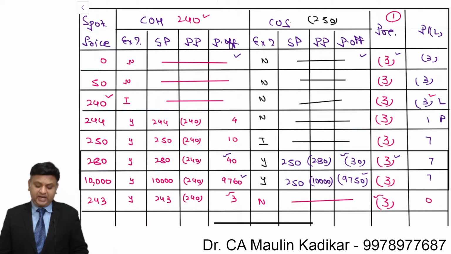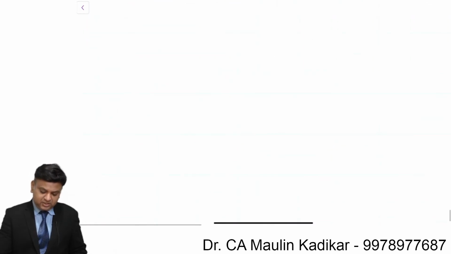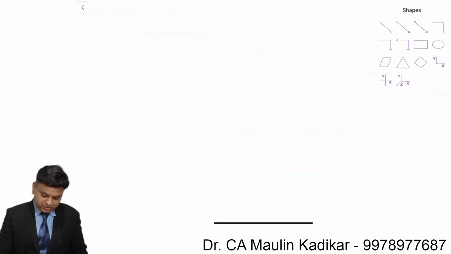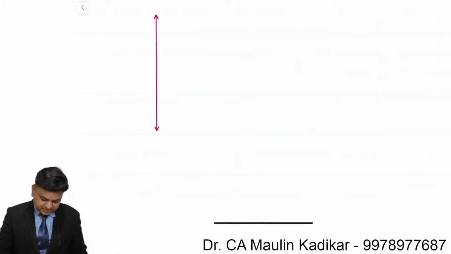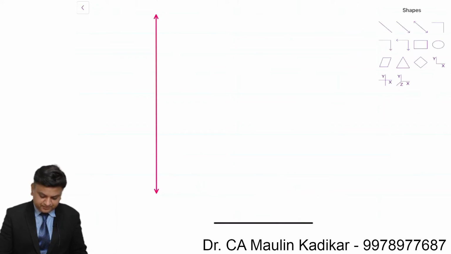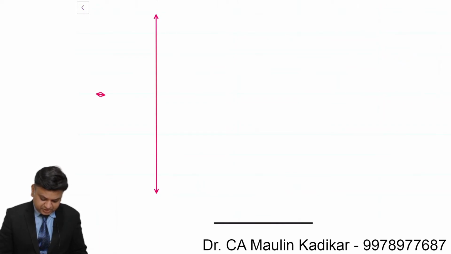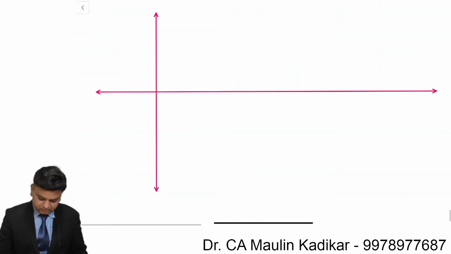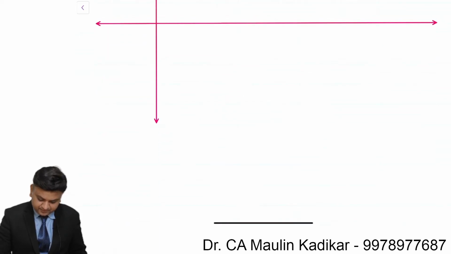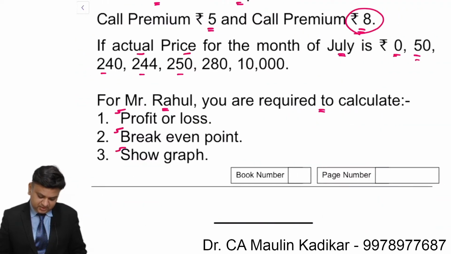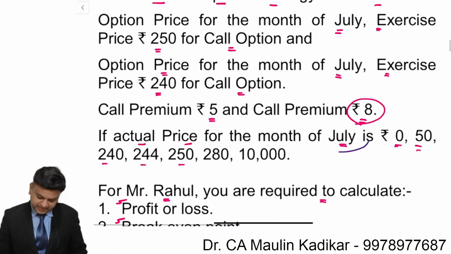This time we are going to have only one diagram regarding the profit or loss. Again, on the x-axis we will have the independent factor, that is the spot price of the equity share, on the date on which the option is expiring, which is over here, the month of July.